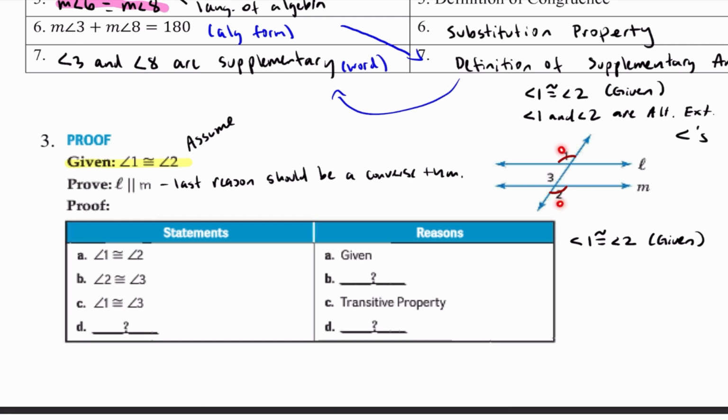And looking at angle 1 and angle 2, I notice that these two angles are alternate exterior angles. So angle 1 and angle 2 are alternate exterior angles. What else do I notice?